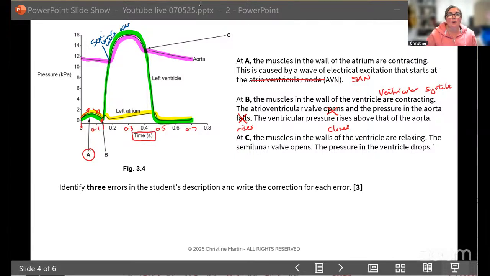As we carry on, the ventricular pressure increases and then decreases again. When the ventricle pressure gets below the aortic pressure, at point C, my semilunar valve is going to close because the pressure is greater above.